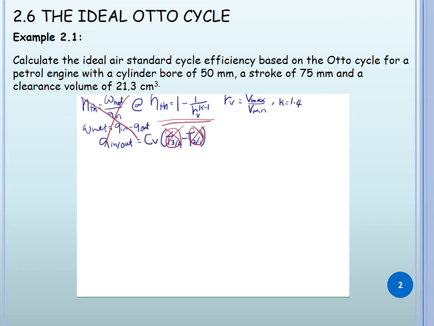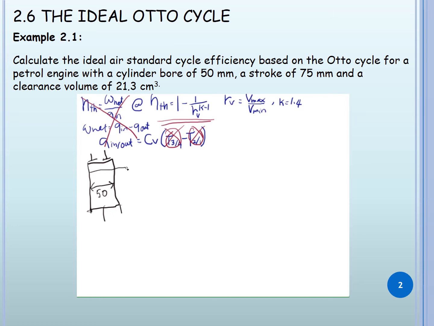Now from the data given, we have a cylinder, with intake and exhaust valve, and we have the piston here, and then they give us a bore diameter of 50 millimeter.